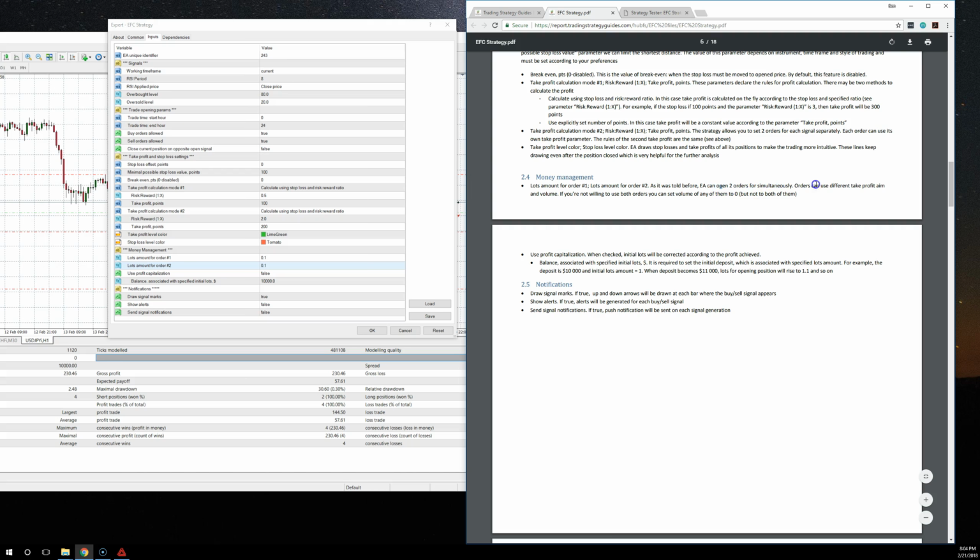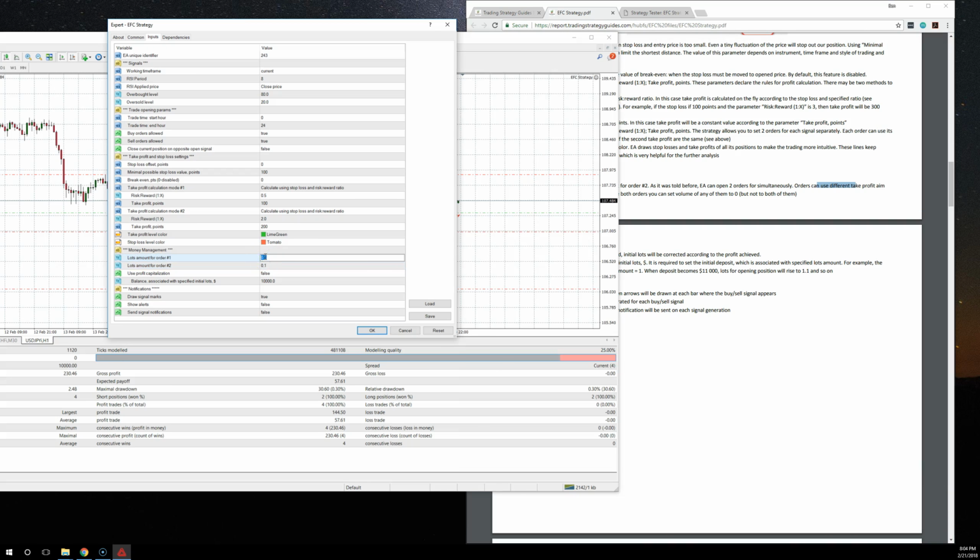But yeah, it can open up 2 orders. Can be used different take profits and aim as the volume. If you're not willing to use both orders, you can set volume, any of them, to 0, but not both of them. So obviously you don't want to set them both. So yeah, you can set those to 0, and it just won't take that trade.